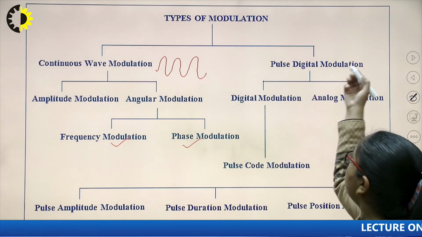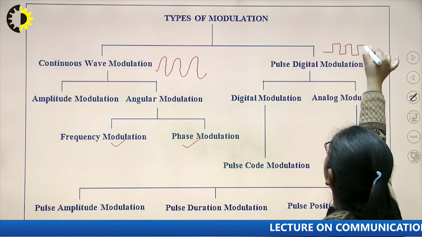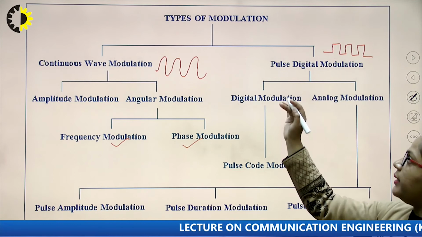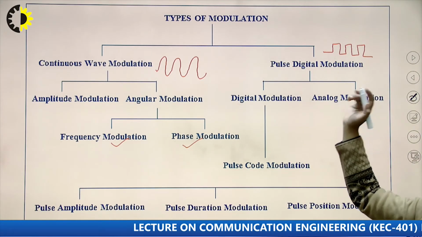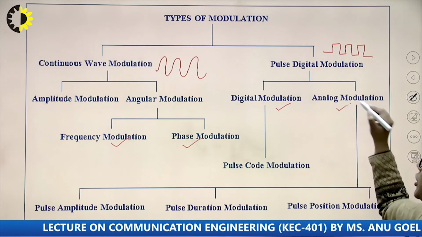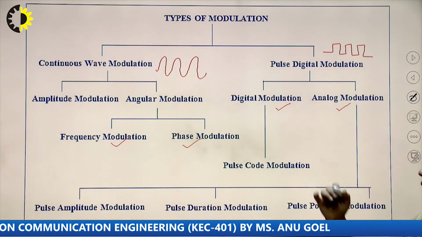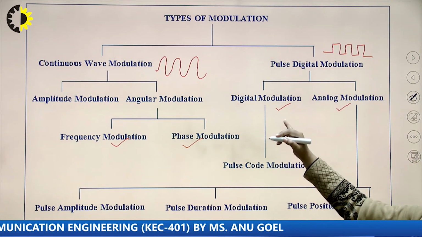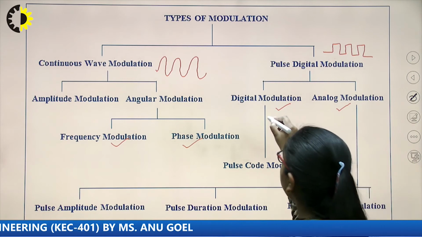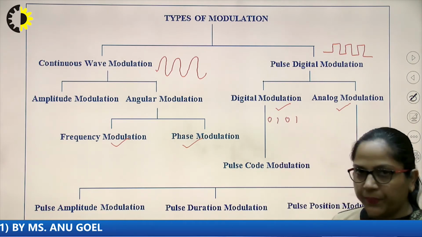Now, if our carrier signal is not a continuous wave but is in the form of pulses, then we can categorize pulse modulation further into two forms, that is digital pulse modulation and analog pulse modulation. In digital modulation, our information or message signal will be in binary form, that is 0 or 1.